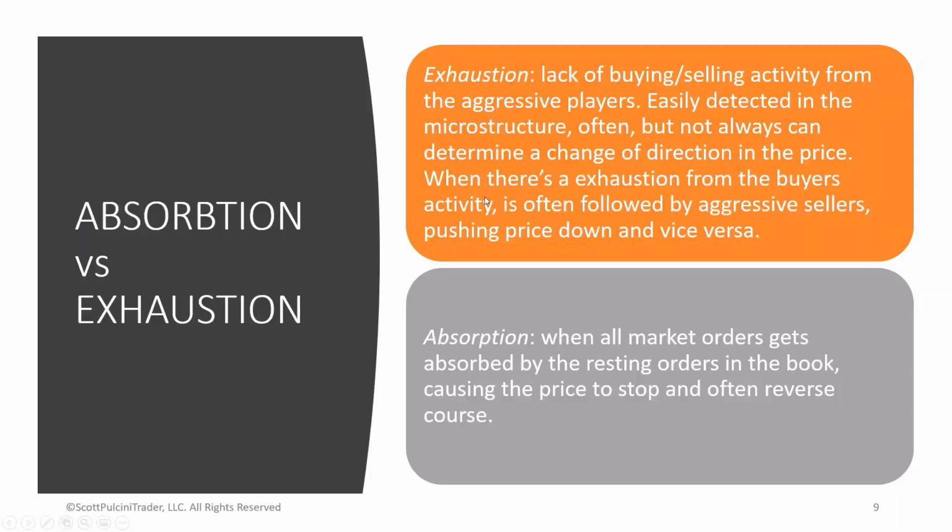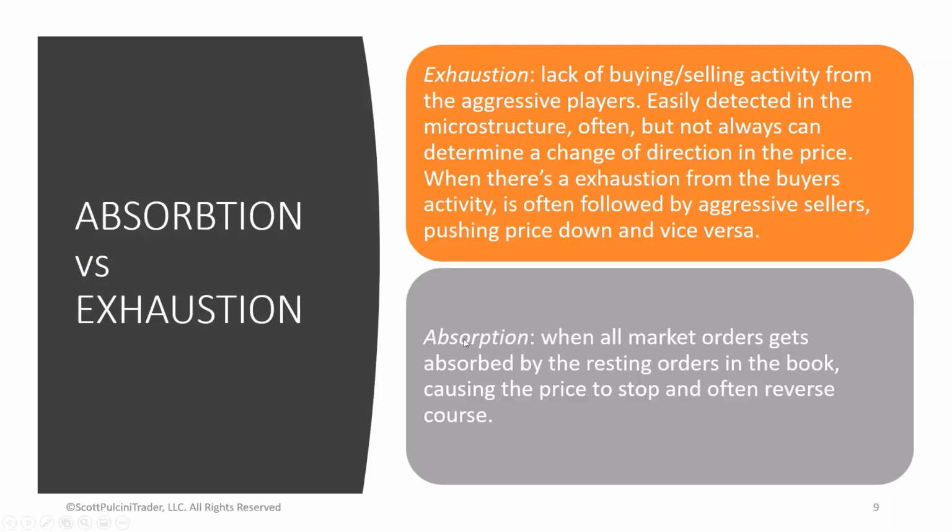When there is exhaustion from the buyers' activity, it is often followed by aggressive sellers pushing the price down and vice versa. We're going to show some further details, but what's most important is when you see the market buyers or market sellers running out of steam, there is a lack of activity from those aggressive participants, then the price is likely to go on the other side.